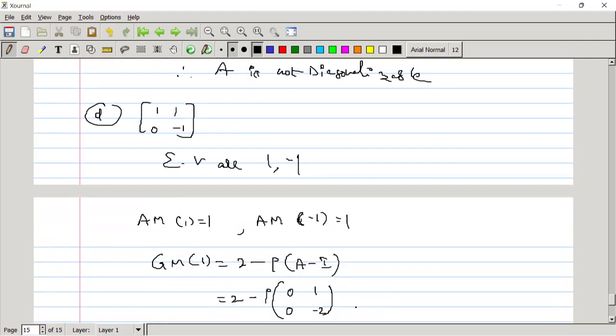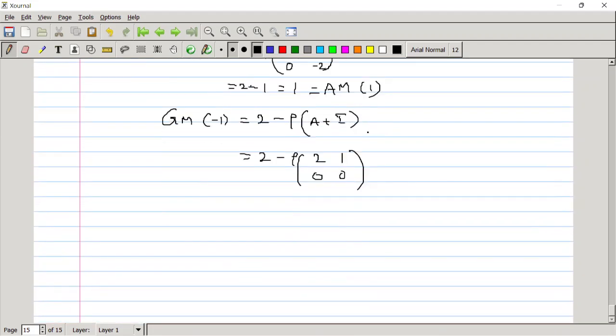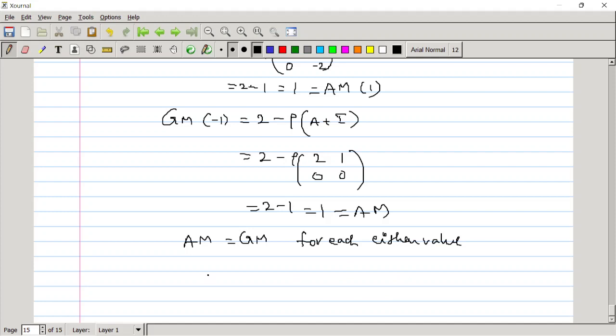So the rank of this matrix is 1, and we get 1. This is equal to the algebraic multiplicity. So for each eigenvalue we have algebraic multiplicity equal to geometric multiplicity. So A is diagonalizable.